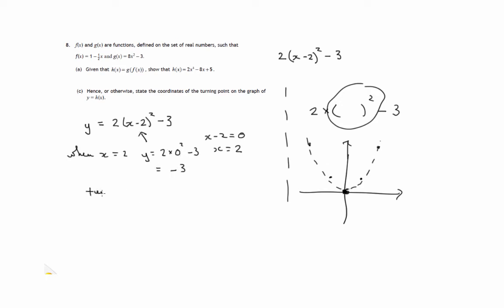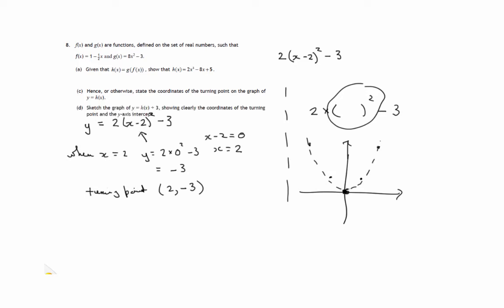So the turning point on the graph, y equals 2 lots of x minus 2 all squared minus 3, is 2, minus 3. When x is 2, it reaches a minimum value of minus 3. So that's the turning point.